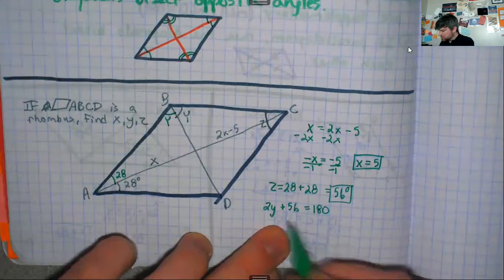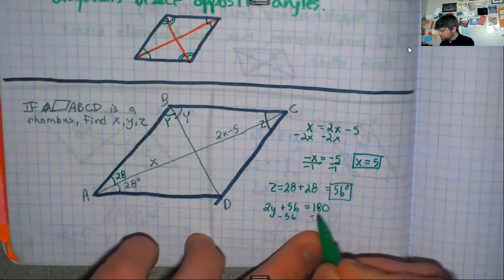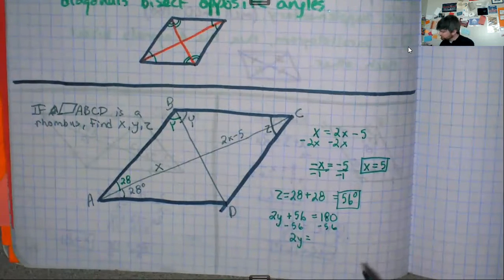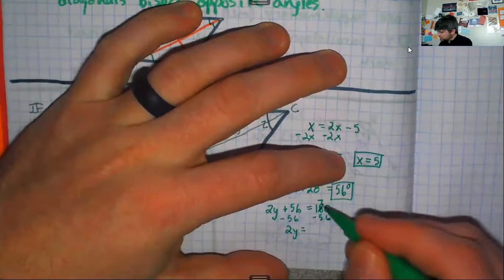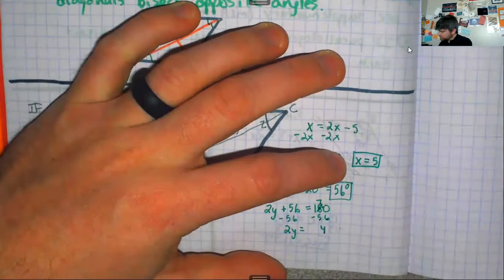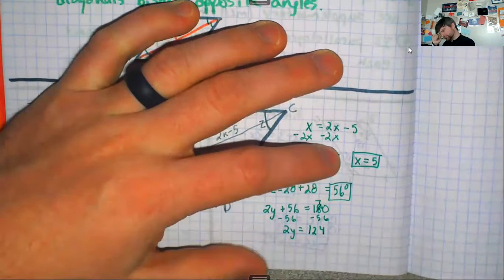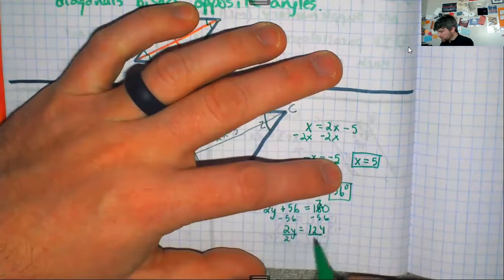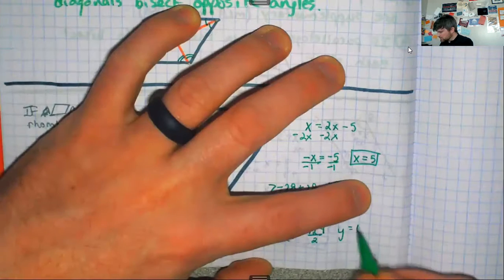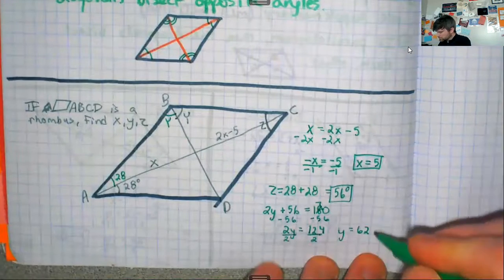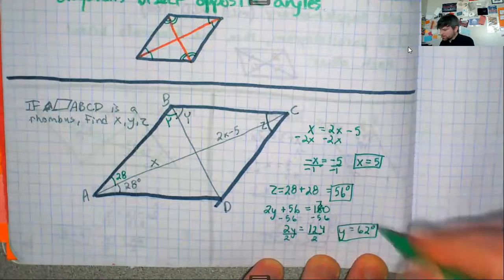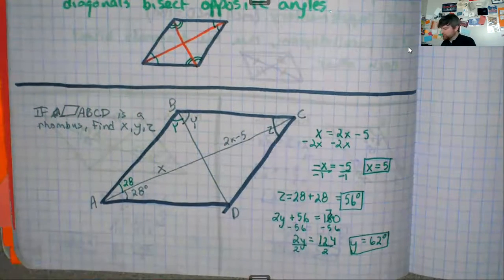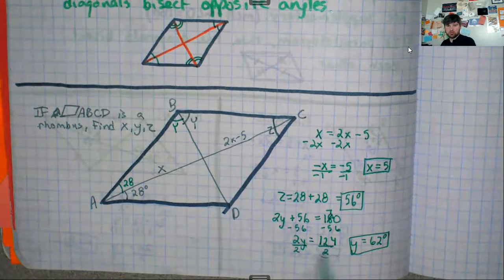Then we'll subtract 56. 2Y equals 124. Divide by 2, and Y equals 62 degrees. So this Y right here is 62 degrees. We don't actually have to divide that one in half because we already did divide the 124 in half.